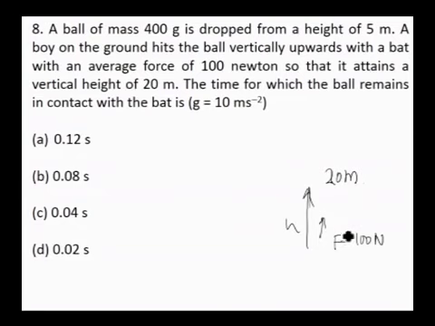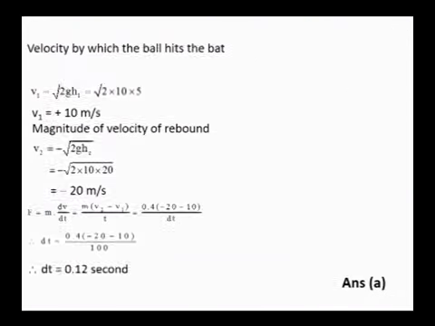So basically, since the bat is hitting it, a huge amount of force is acting for a small interval of time. We said that a huge amount of force acting for a small time is basically impulse. Therefore if you calculate the impulse for this, the velocity of the ball which is hit by the bat, v1 in the downward direction, is 10 meter per second. The rebound velocity is negative here because it is moving in the upward direction.